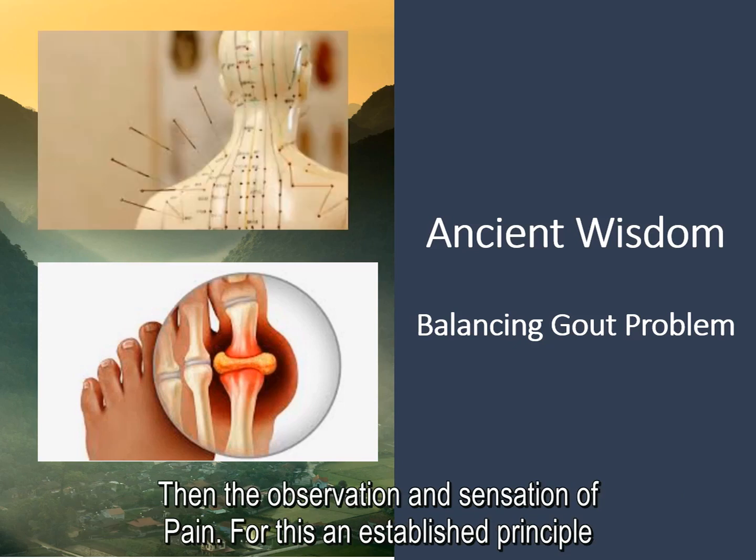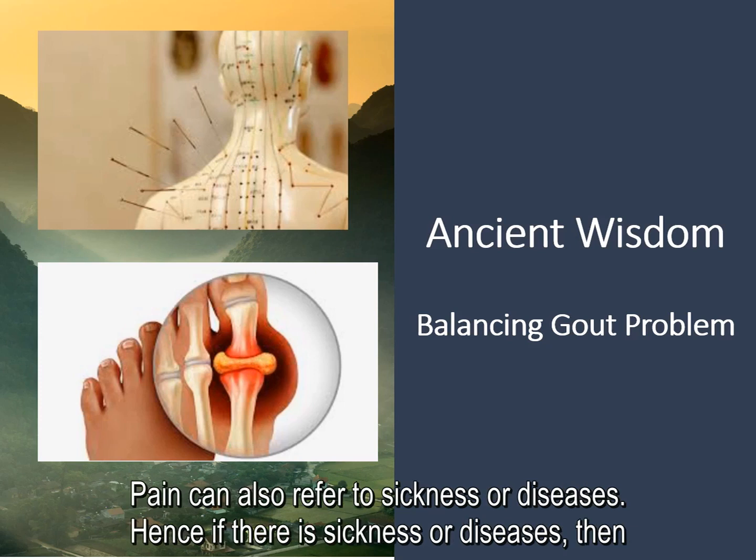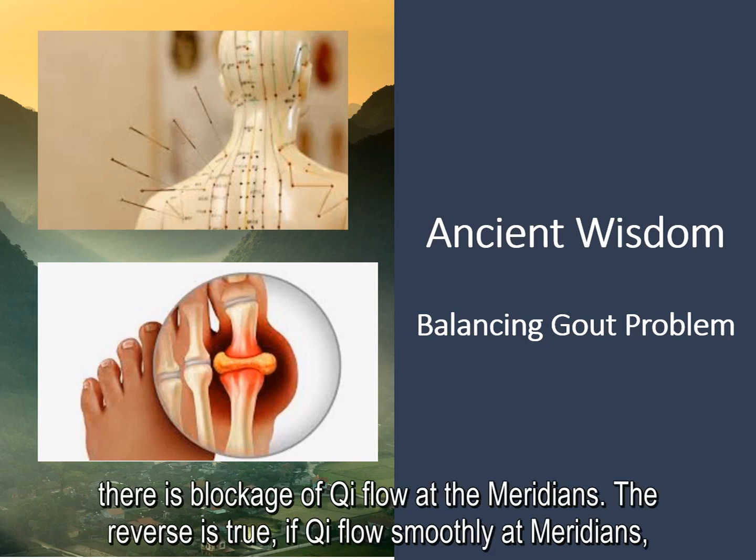Then the observation and sensation of pain. For this, an established principle needs to be referred to. That is, if there is pain, then there is blockage of qi flow at the meridians. Pain can also refer to sickness or diseases. Hence, if there is sickness or diseases, then there is blockage of qi flow at the meridians.